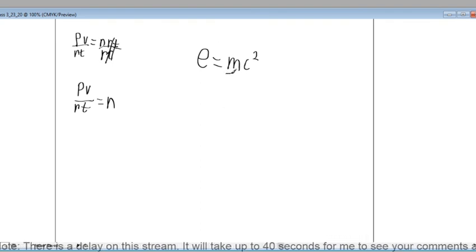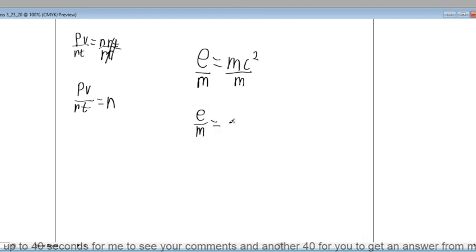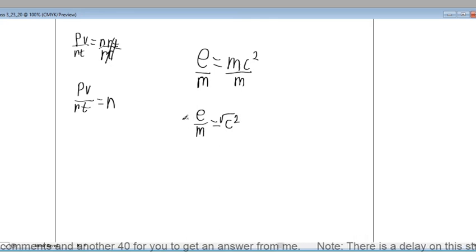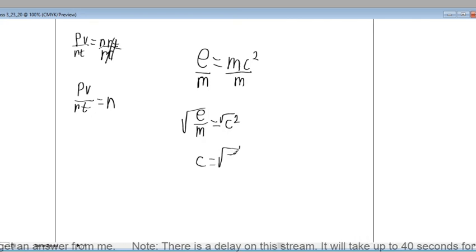Well, we take mass from this side. We get E over m equals c squared. And remember, the opposite of squaring something is taking a square root. So we will take the square root of both sides here in order to get that. And we get that the speed of light in a vacuum, c, is equal to the square root of E divided by mass.